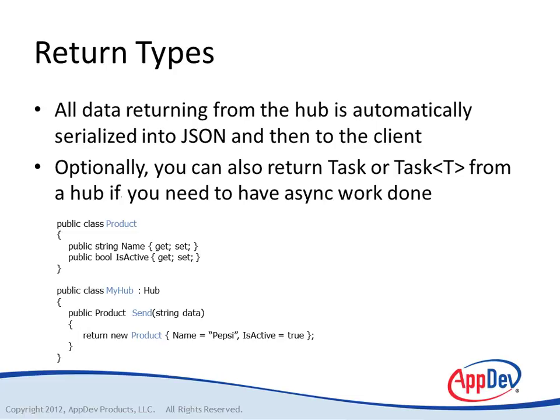Then we have MyHub, which is deriving from Hub from SignalR, and below that we are passing the Product class with our Send instead of normally doing a Task. And then we're returning a new Product, Name equals Pepsi and IsActive equals true, as our data being passed to the client side. So let's look into Visual Studio and see how we use these custom return types.